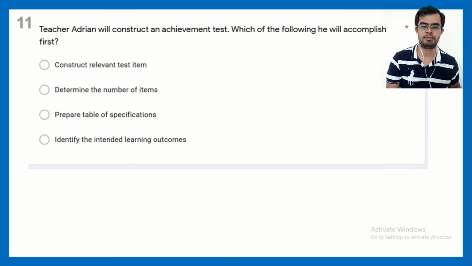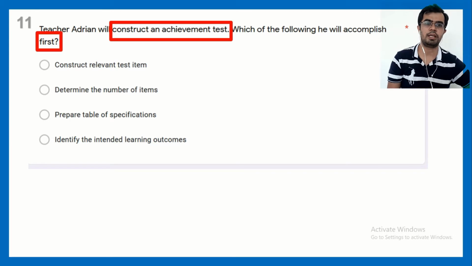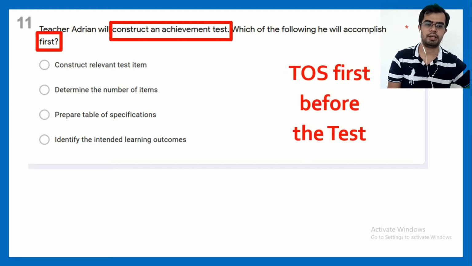Number 11. Teacher Adrian will construct an achievement test. Which of the following he will accomplish first? These are the keywords for this item. Construct an achievement test, and what is the first thing to do? Let us remember this principle of assessment, the TOS first before the test.